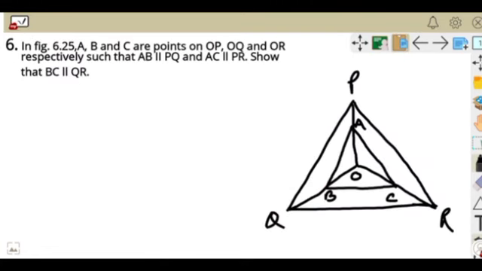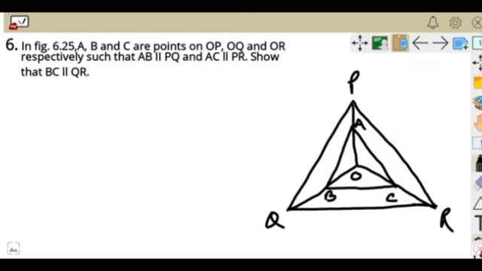In figure 6.25, this is figure 6.25 that we see here. A, B and C are points on OP, OQ and OR respectively. We have here 3 points. The points are A, B and C. These points lie on the sides OP, OQ and OR respectively.